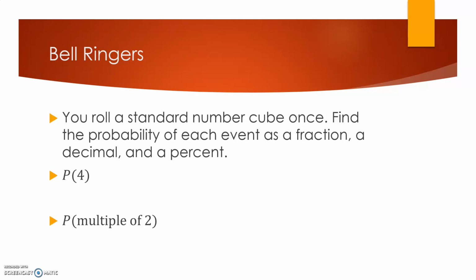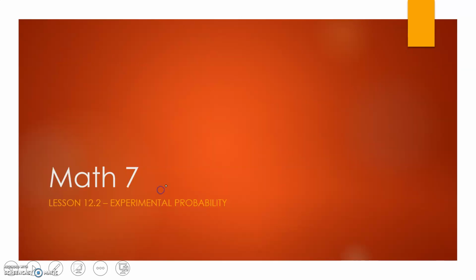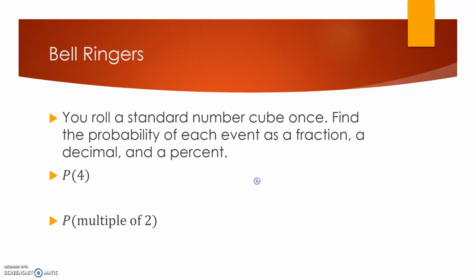So what's the probability of rolling a 4? Well, how many 4s are on the side of a die? If you roll a die, there is exactly 1 4. And if you look at all the sides, there are a total of 6 sides. So only one of those out of the 6 satisfies the probability that they're talking about here.